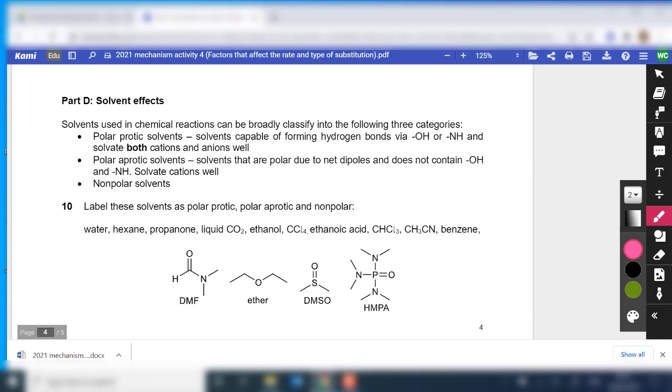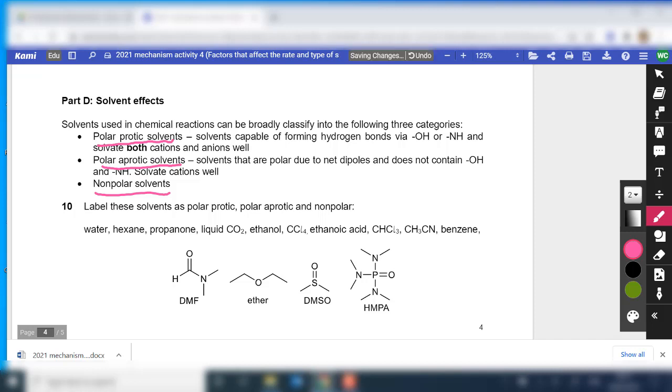Okay, next we'll go on to solvent effects. So for solvent effects, if you read through the whole thing, you realize that in general, we can classify solvents in 3 categories. They are either polar protic, polar aprotic, or non-polar.